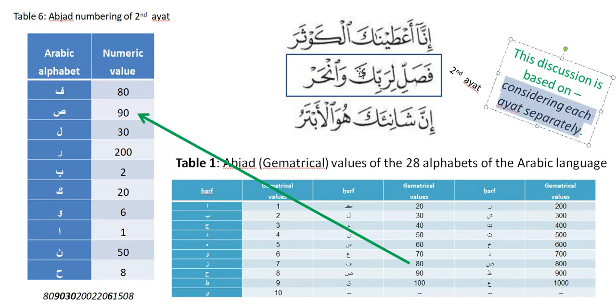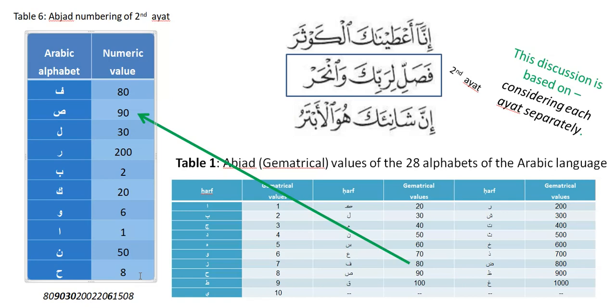And here the second ayat is fasalli li rabbika wanhar. So we see that if we place the harfs as per first appearance, we have 10 harfs, and the respective abjad values are also shown here.